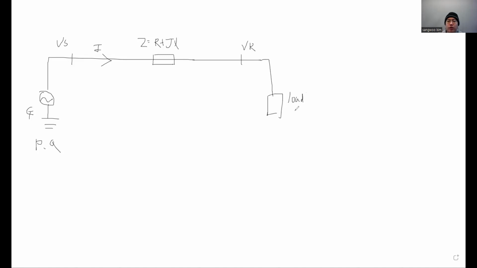Load, motor. So this is drawing the power system briefly, you know what I mean.